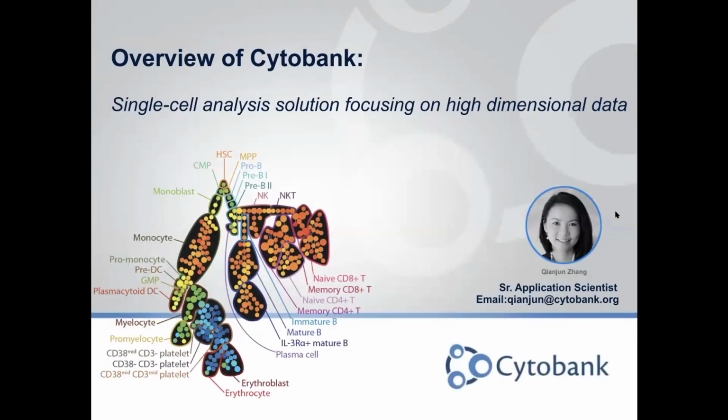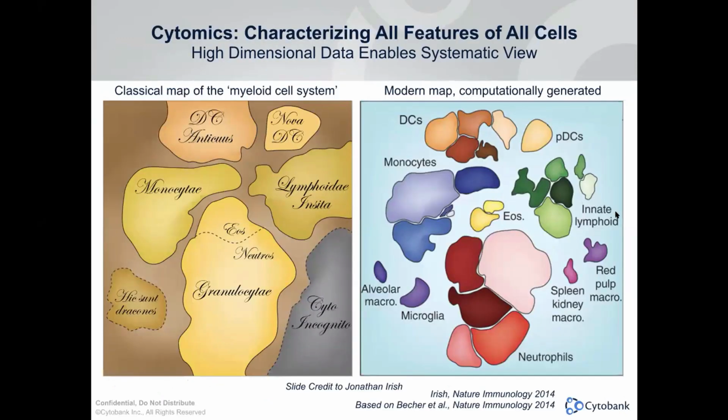For those who are not familiar with Cytobank, it's a cloud-based single-cell analysis solution focusing on high-dimensional data. Before I dive into Cytobank, I'd like to set the stage for how modern technologies have shaped the world of single-cell analysis and changed the pattern of data analysis.